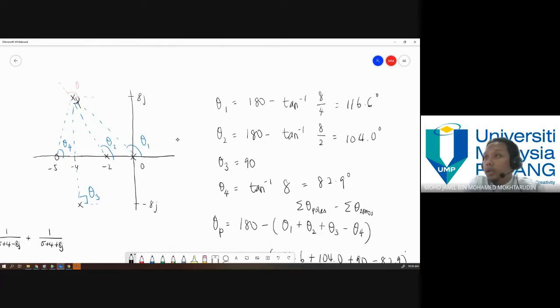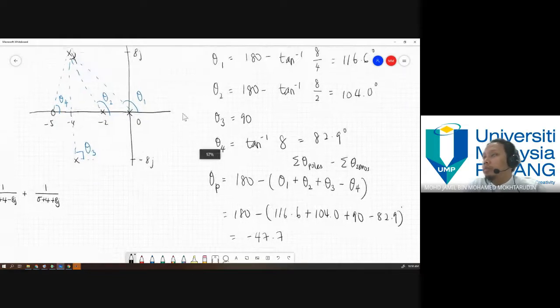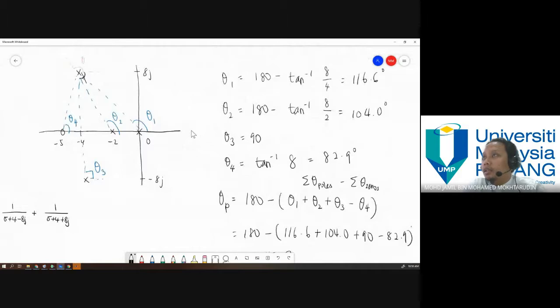So if you take 360 minus, so the angle should be somewhere here.